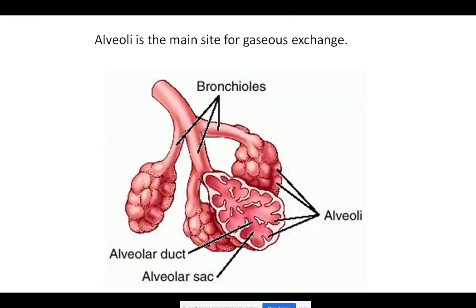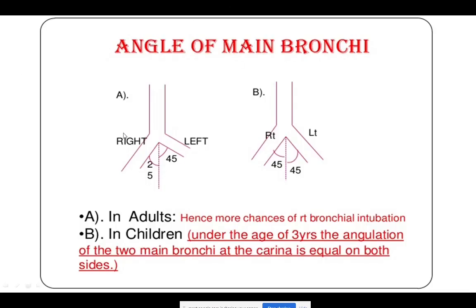Comparing the left and the right bronchus, the right bronchus is more prone to aspiration. The left primary bronchus is not prone to aspiration, whereas the right bronchus is more prone to aspiration because the long axis of the tracheal lumen is more in line with the long axis of the right primary bronchus.